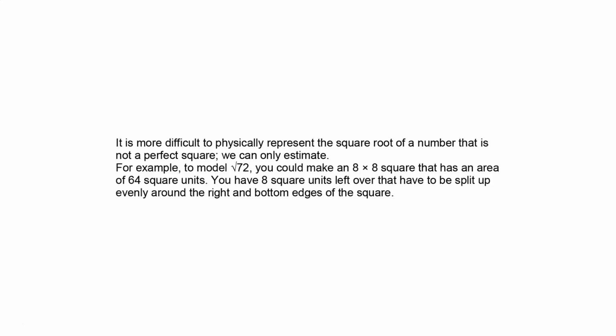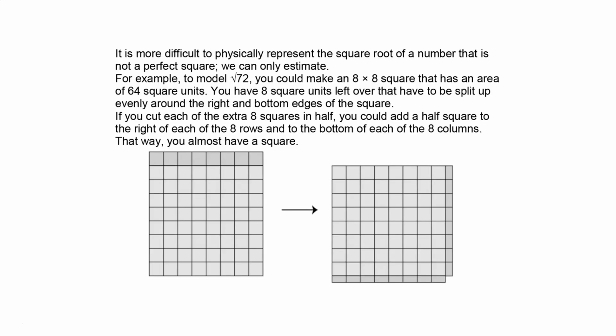For example, to model the square root of 72, you can make an 8 by 8 square that has an area of 64 square units. You have 8 square units left over that have to be split up evenly around the right and bottom edges of the square. If you cut each of the extra 8 squares in half, you could add half a square to the right of each of the 8 rows and to the bottom of each of the 8 columns.